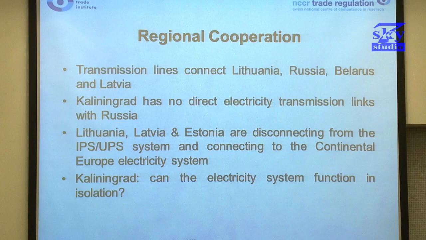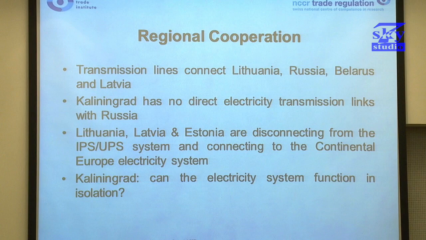Now, moving towards very interesting things: regional cooperation. Transmission lines connect Lithuania, Russia, Belarus, and Latvia. Kaliningrad, as I mentioned, has no direct electricity transmission links with Russia. Lithuania, Latvia, and Estonia are disconnecting their systems from the Russian system and connecting to the continental European system.